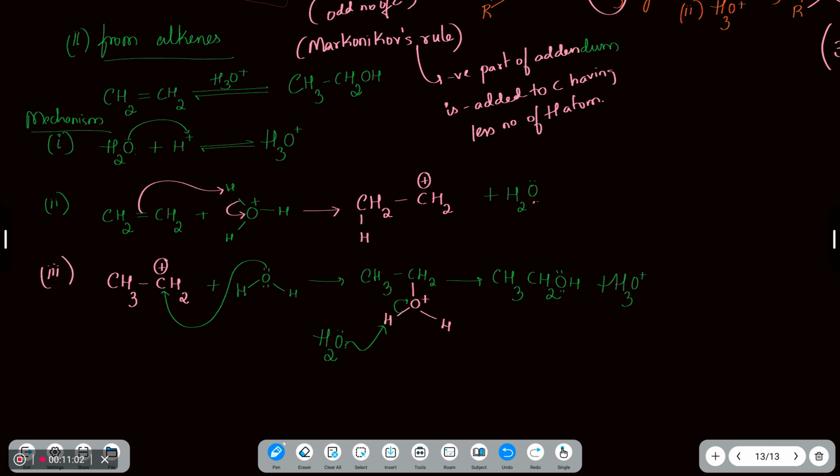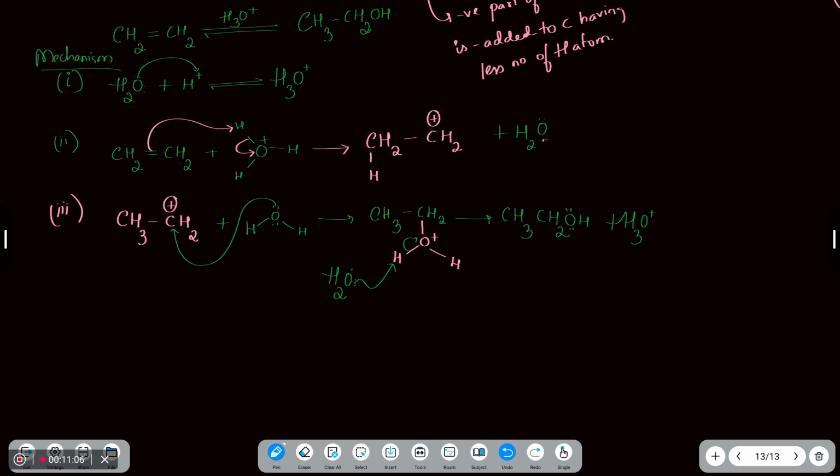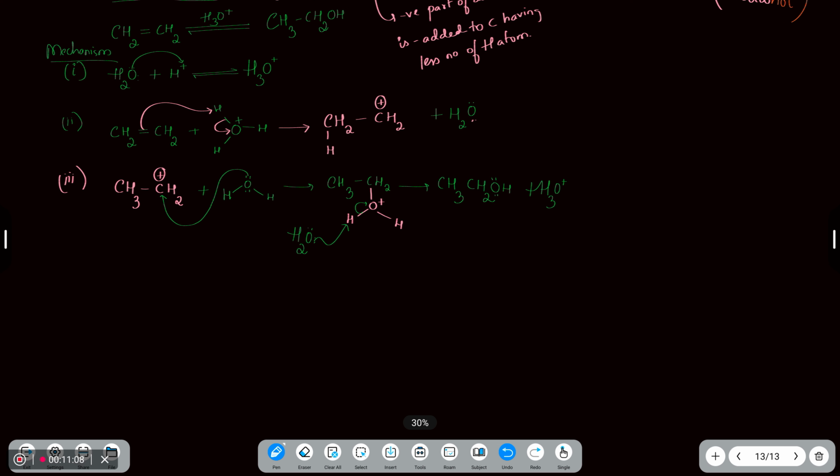So this is symmetric. When you are doing asymmetric, say we have CH3, CH2, CH. Okay. Now consider this one. Which carbon will get the OH? Second carbon.